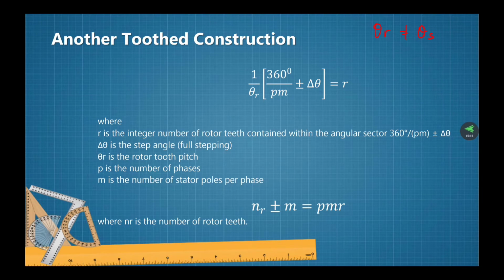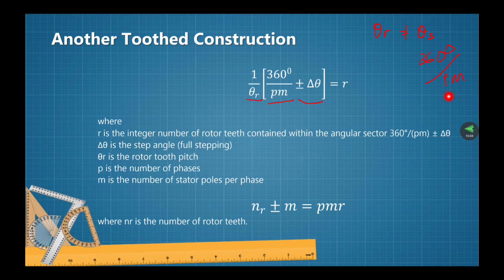As the pole pitch is 360 degrees per pm, we have 1 per theta r multiplied by 360 degrees per pm plus or minus delta theta, equals r, where r is the integer number of rotor teeth contained within the angular sector 360 degrees per pm plus or minus delta theta.